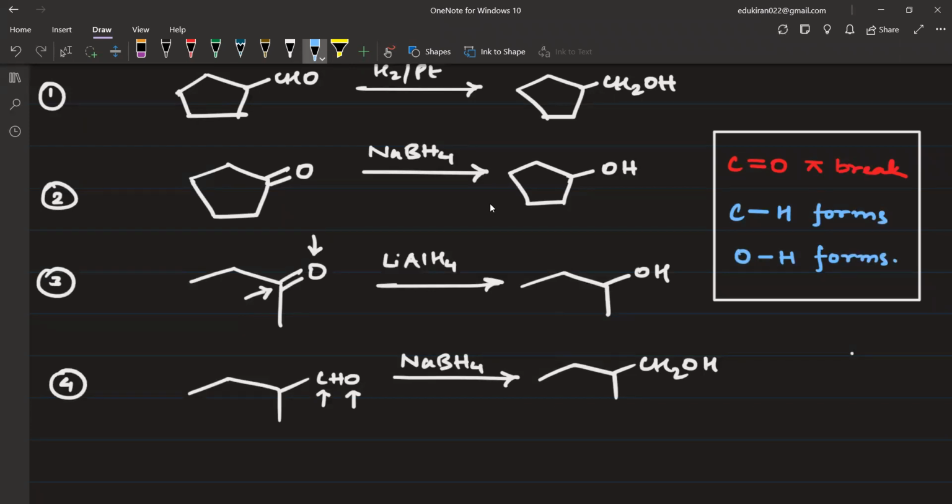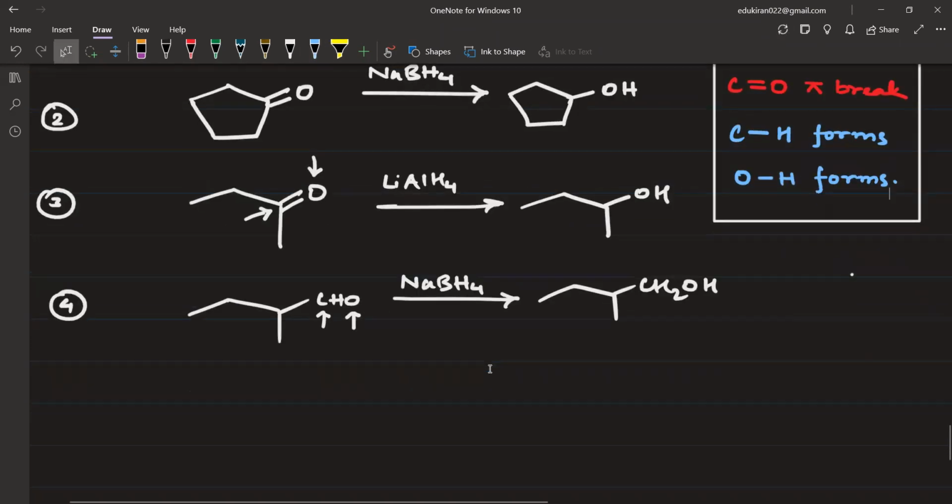The C double bond O sigma bond does not break; only the pi bond breaks. The carbon atom gets hydrogen and the oxygen atom gets hydrogen. Right, next, one more point. Note.